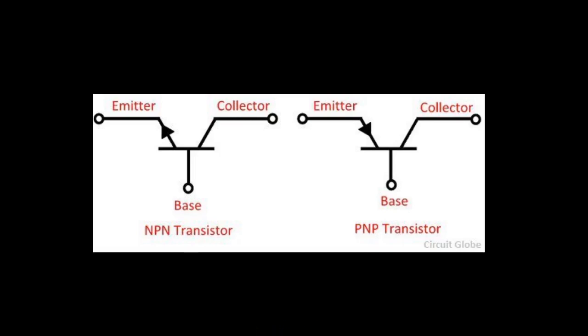Once we connect the emitter junction in reverse bias and the collector junction in forward bias, then what happens? And if both junctions are in reverse bias, then what action takes place? So this is nothing but the working of the transistor. In the next section we describe how the transistor works.